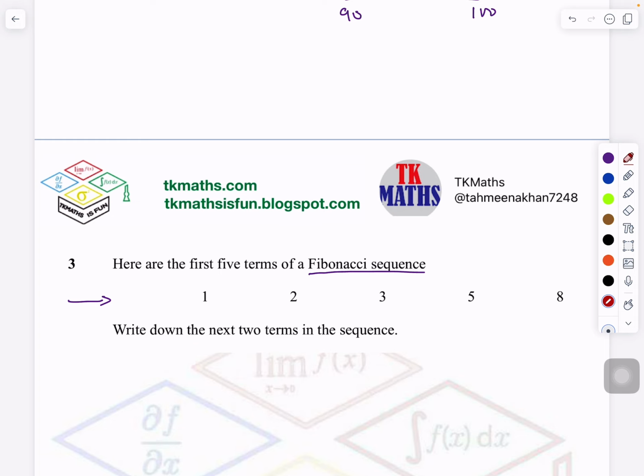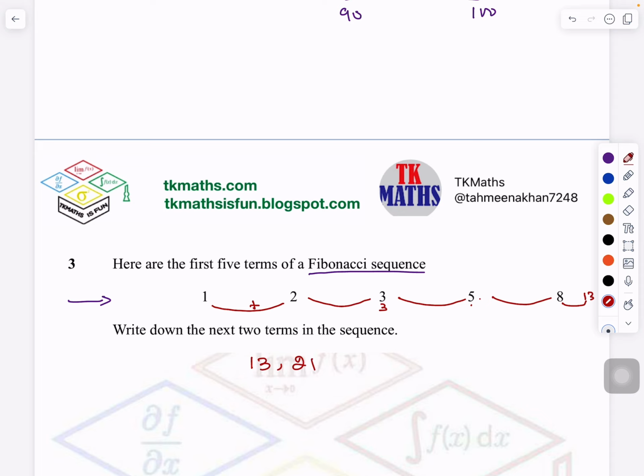So you always add the previous terms. So 1 plus 2 is 3. 3 plus 2 is 5. 5 plus 3 is 8. Now what will the next term be? 8 plus 5. Very good. So it will be 13. And then 13 plus 8? 21. So you will get your next number.